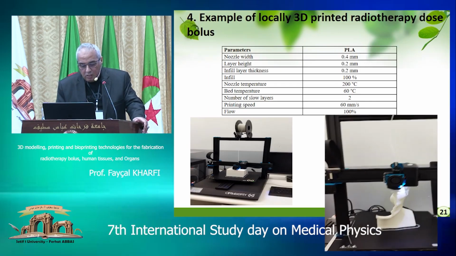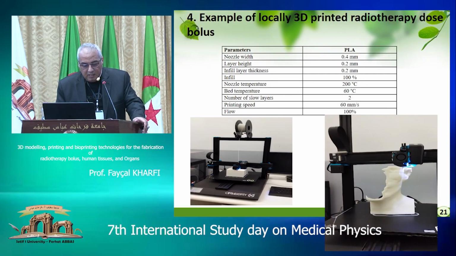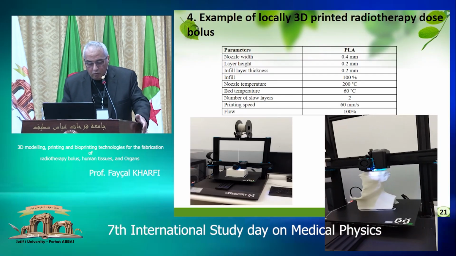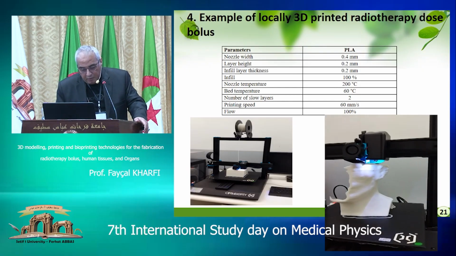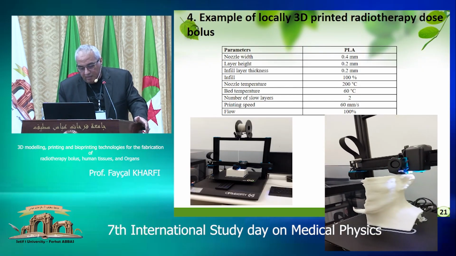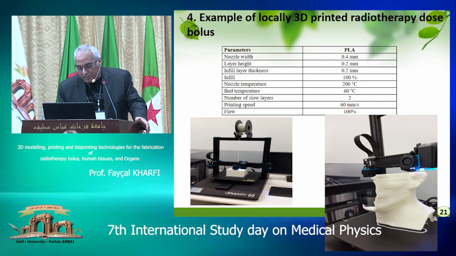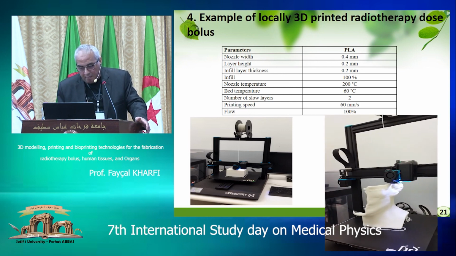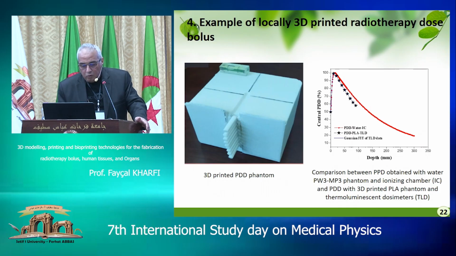So when we finish the 3D printing of the phantom to be used for the dose in-depth checking, and after that, if everything is okay, the bolus itself is printed. So let's move now to the presentation of the main results. This is the printed phantom that we use to check the dose in depth of the selected material.